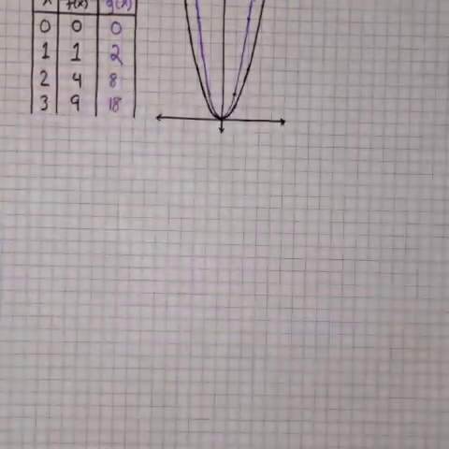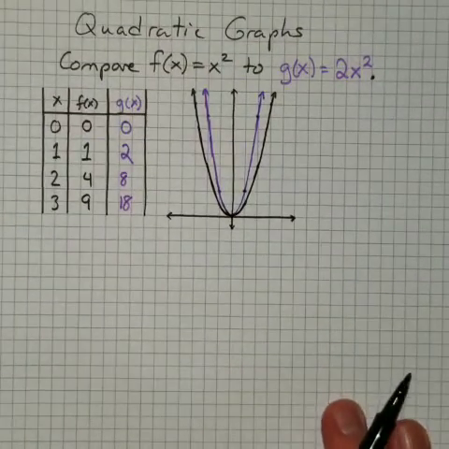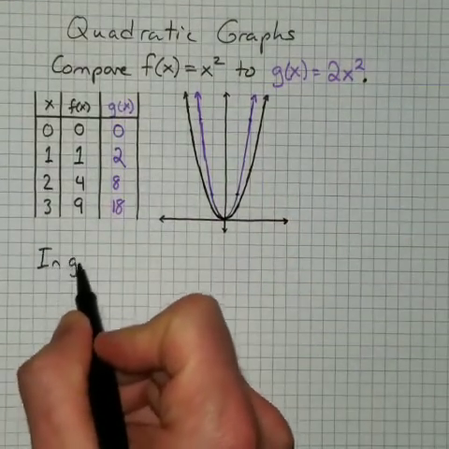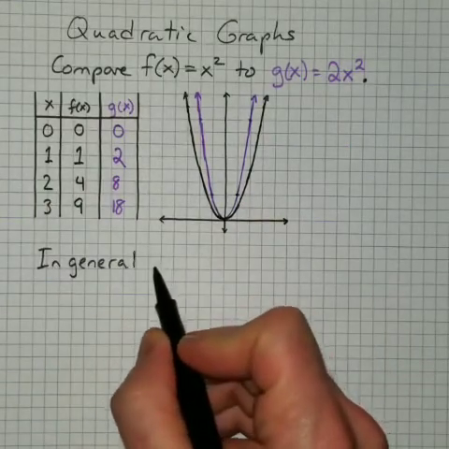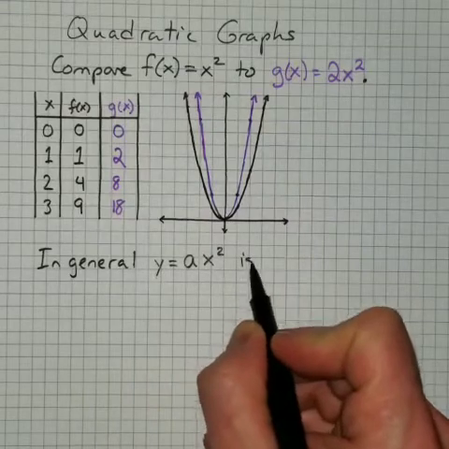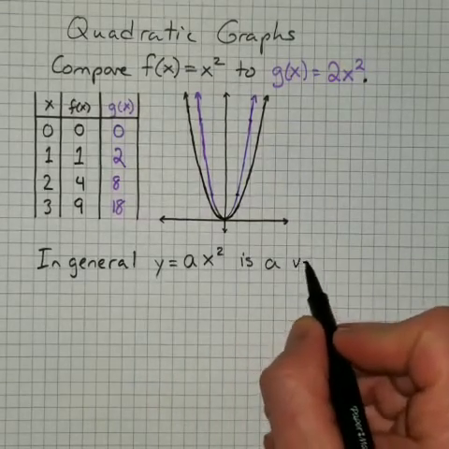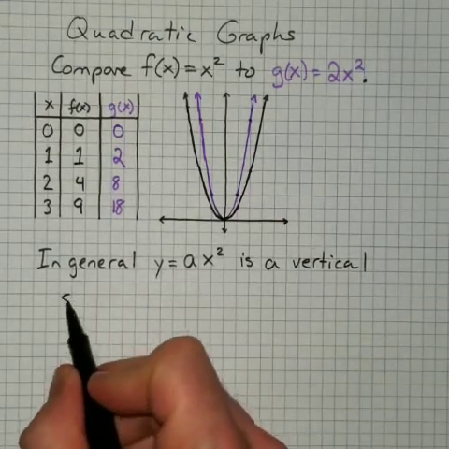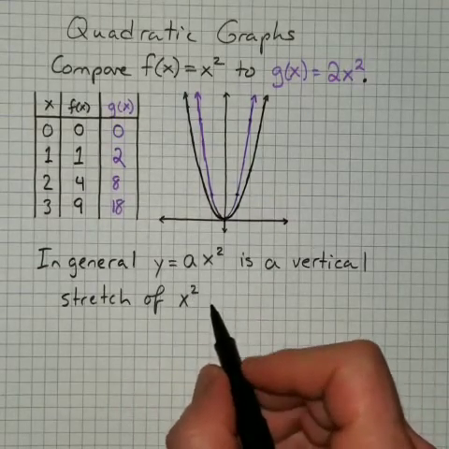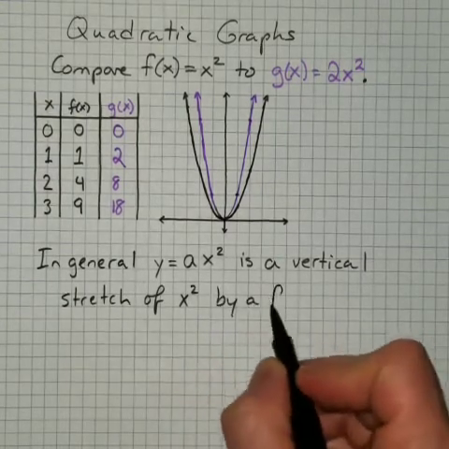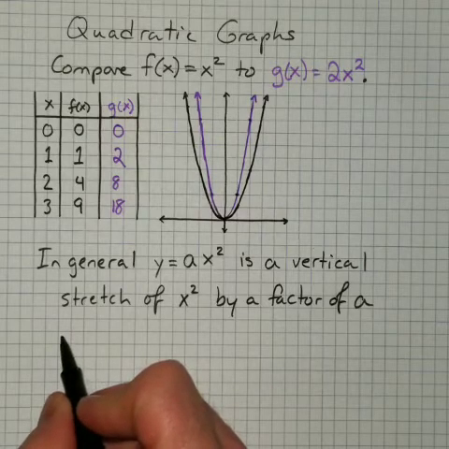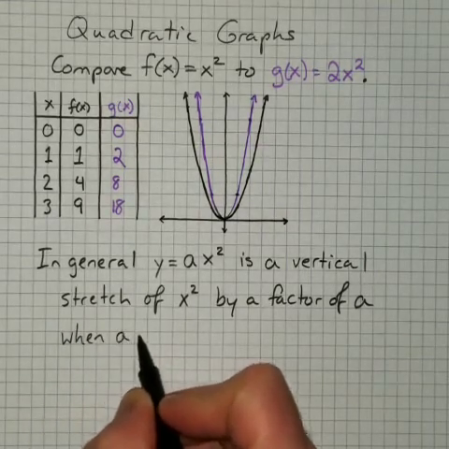So let me summarize this for a second. Going back to my sheet here, we're going to say in general, y equals a times x squared is a vertical stretch of x squared by a factor of a when a is bigger than 1.